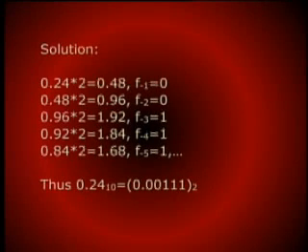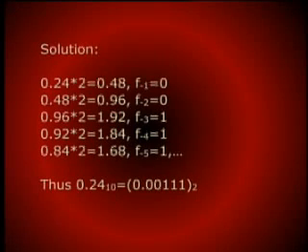The integer part on the left side represents the coefficient, so f minus 1 is equal to 0. Again, we multiply 0.48 another time by 2, and we get 0.96. The integer part is again 0, so f minus 2 is 0. Another multiplication gives us 1.92. Now f minus 3 is 1.